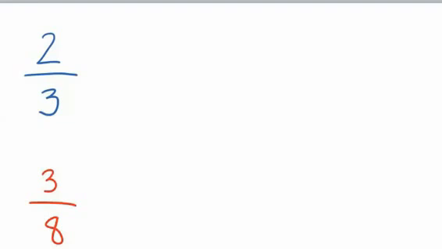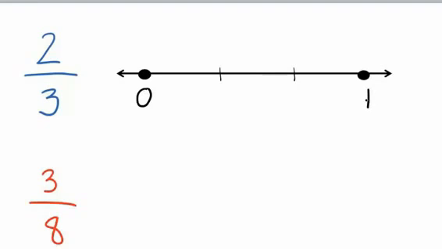We are going to work with the fractions 2/3 and 3/8. While these fractions have different denominators, the wholes are equal. Each fraction is part of one whole. Each fraction shows a value between 0 and 1. This number line is going to show a value between 0 and 1.